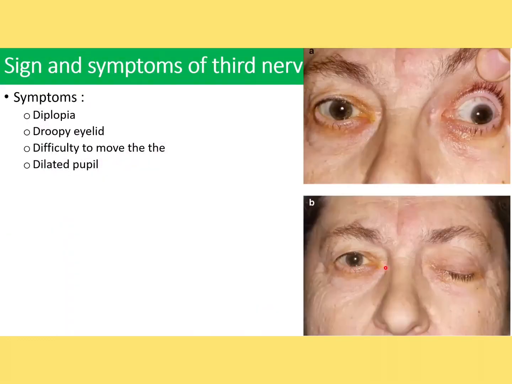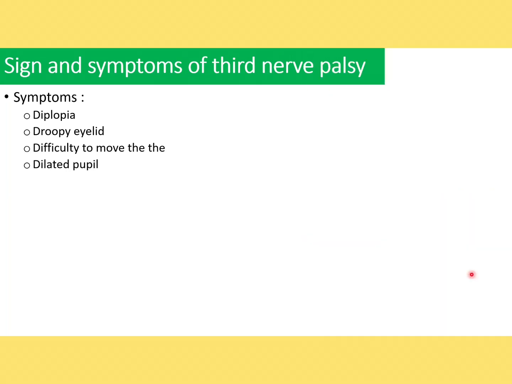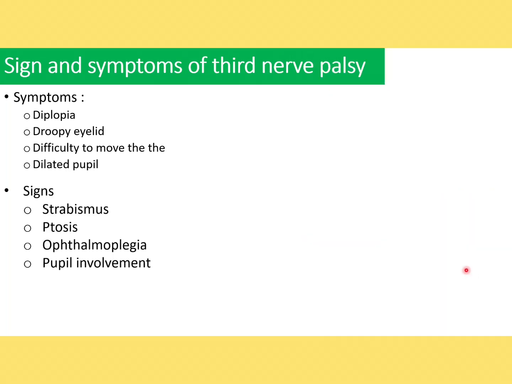And also you can see that in ptosis kind of cases, the pupil is quite dilated. Ptosis means full ptosis because the LPS muscle is not working. Another term that is quite commonly used is ophthalmoplegia, meaning restriction of the eye movement.